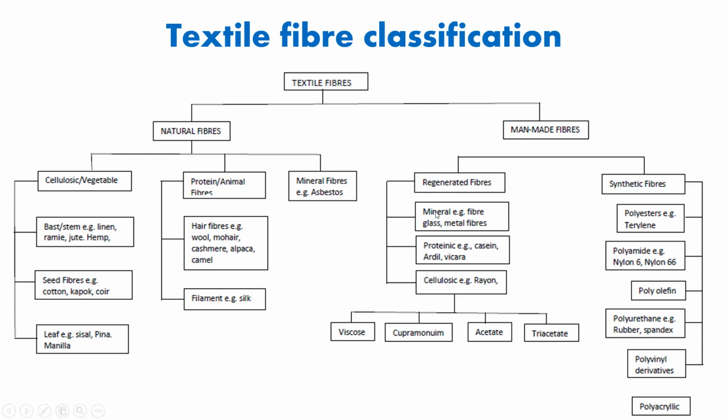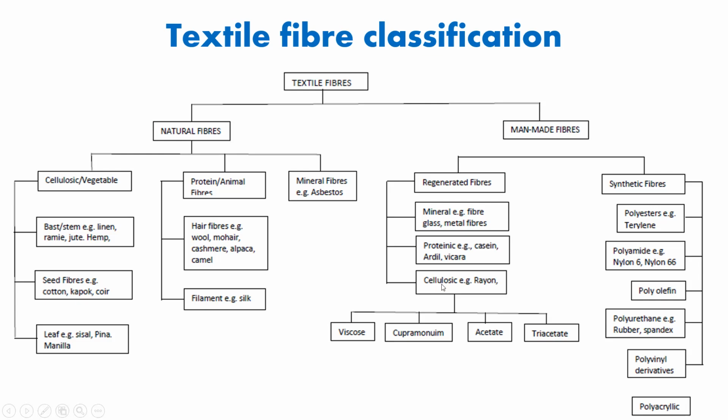So when we add chemicals to the mineral fibers, we get a different fiber. With protein fibers, when we add chemicals, we get a different fiber. And cellulosic, when we add chemicals to the plant fibers, we get a different fiber.